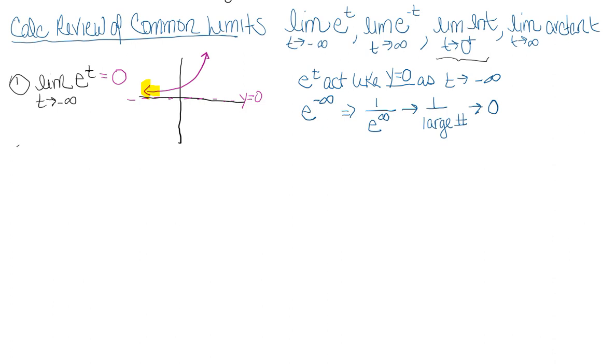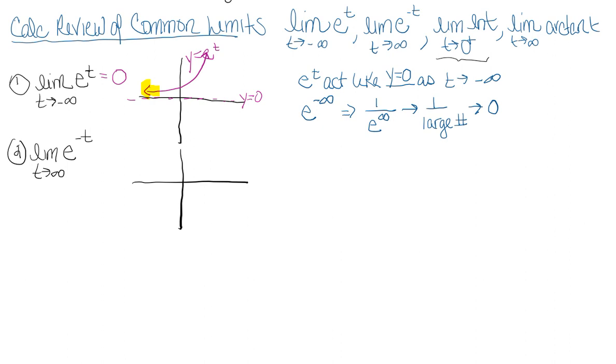The second one is the limit of e to the negative t as t goes to positive infinity. Now again, you can do this graphically like I did the other one. I just want to make a point: this was y equals e to the t. When you throw the negative inside the argument, you may remember from pre-calculus that it reflects the graph about the y-axis.